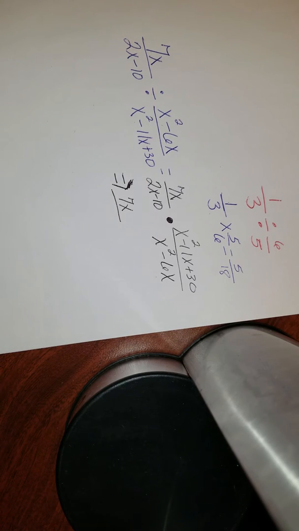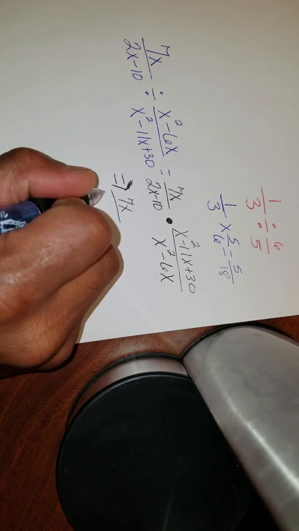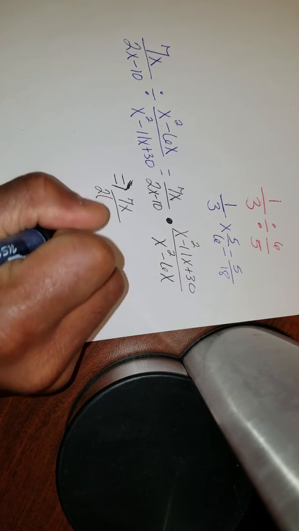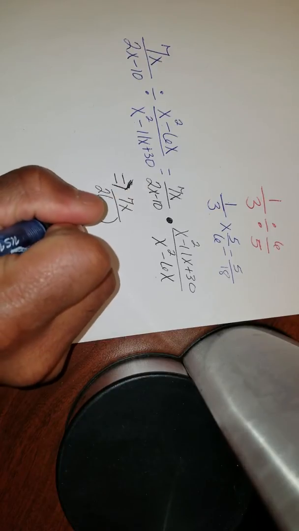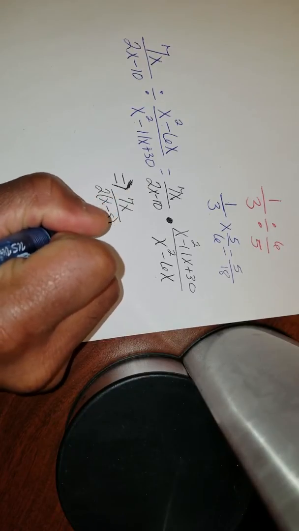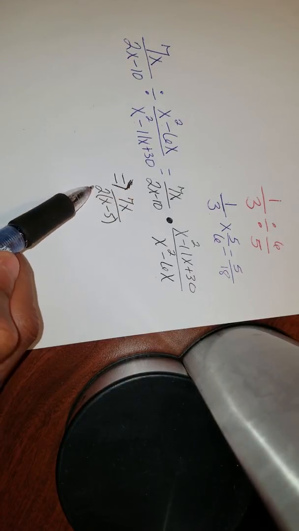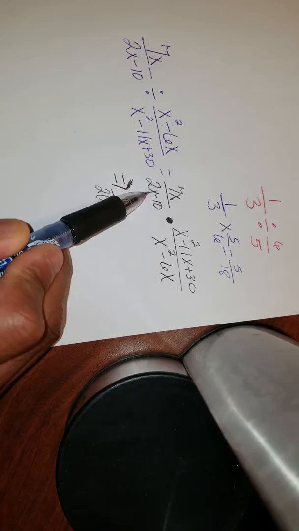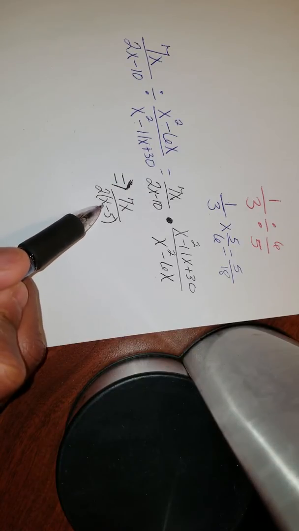Therefore, we can factor 2 out of this expression. If I factor out 2, what I will be left with, after I divide both of these by 2, is x minus 5. Again, after I factored out 2, I divided 2x by 2, and I divided 10 by 2, and that's how I got that x minus 5.